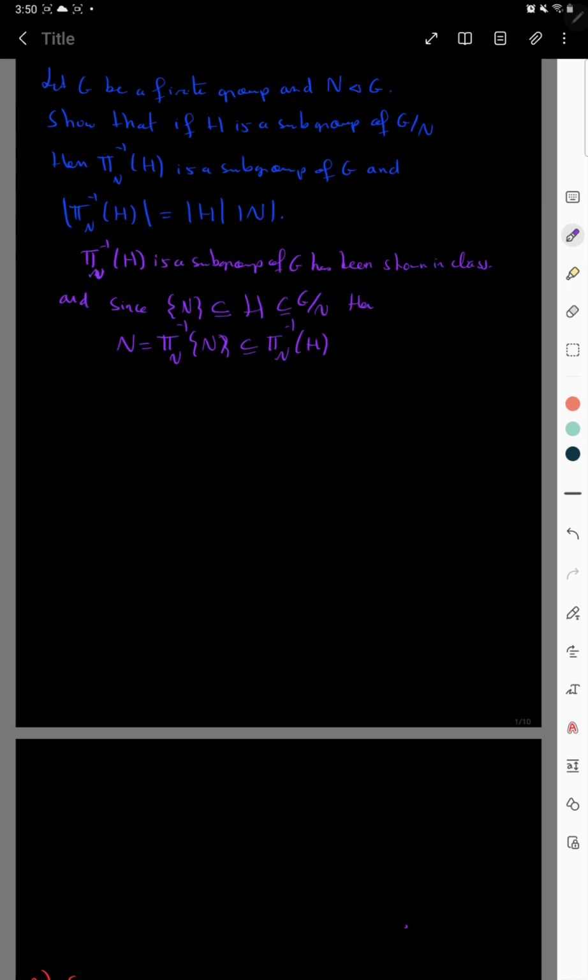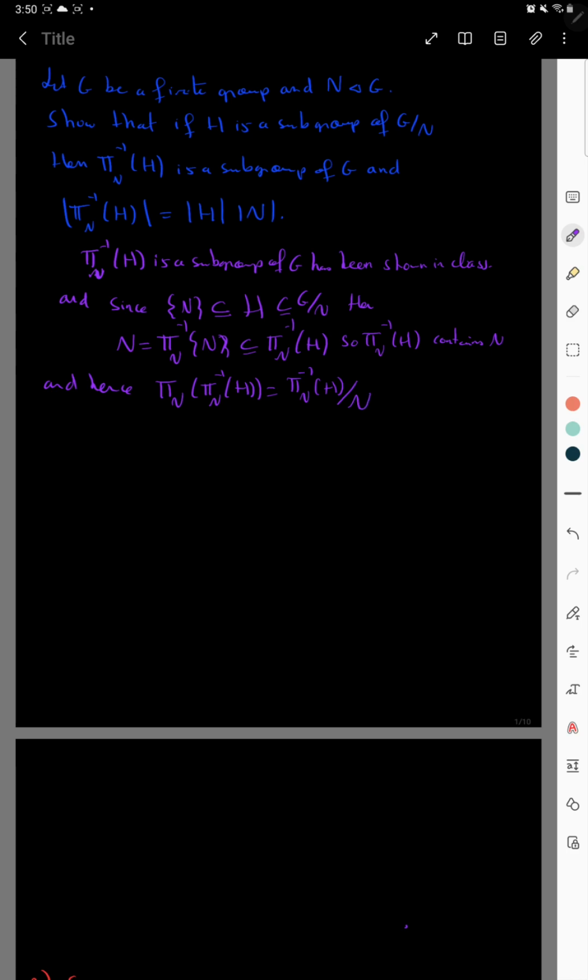So pi_N inverse of H contains N. And hence pi_N of pi_N inverse of H is equal to pi_N inverse of H mod N, right?